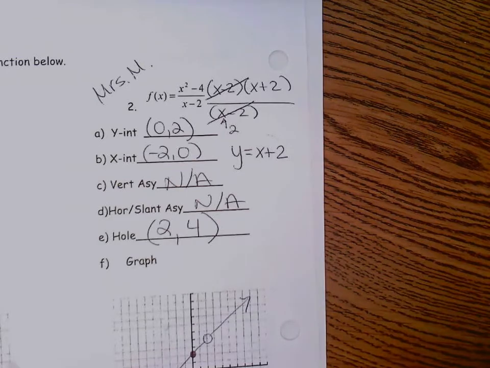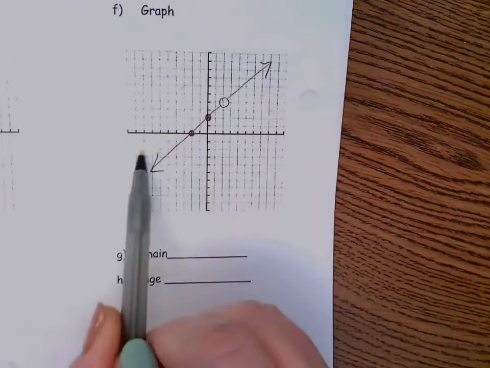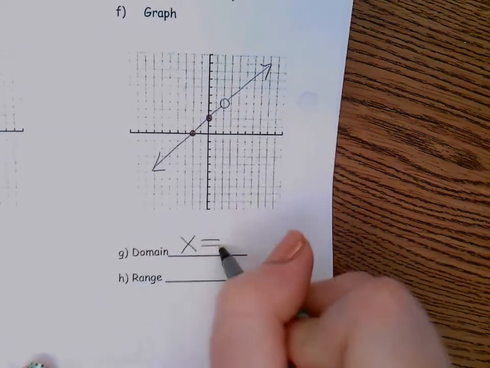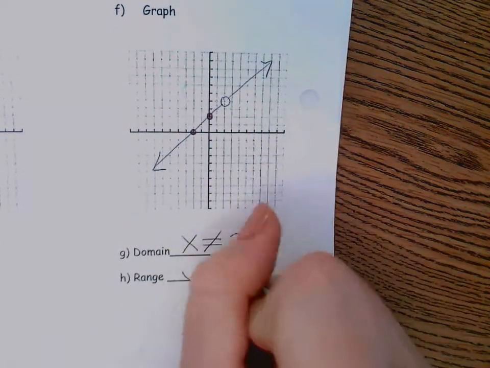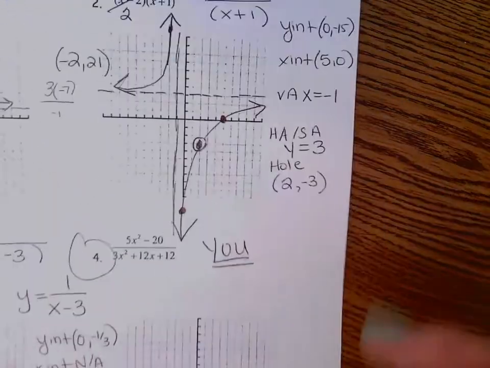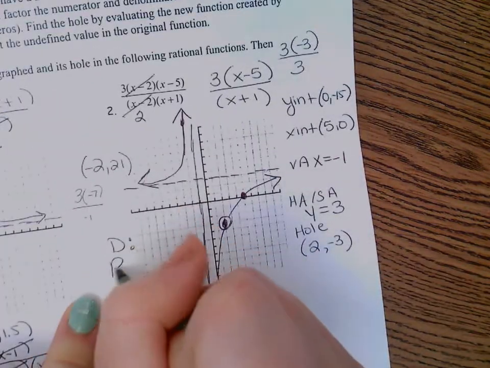What's my domain and range of this function? So the only value for x that will never happen is x cannot equal 2. My only value for the range that cannot happen is y cannot be 4. I wanted to show you a quick example on the front page on number 2 of how you would write the domain and the range.